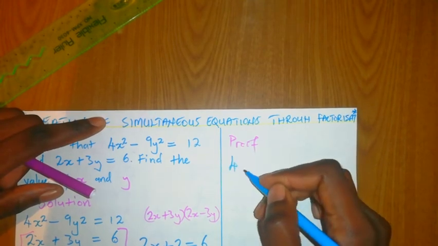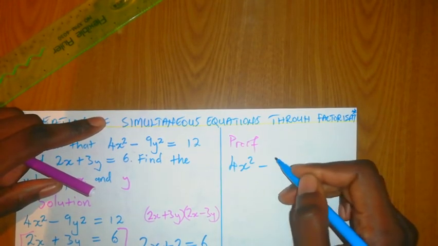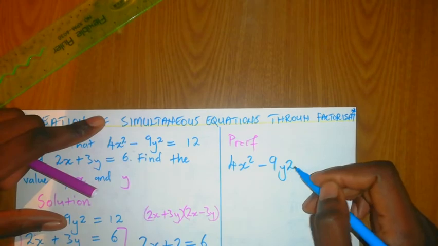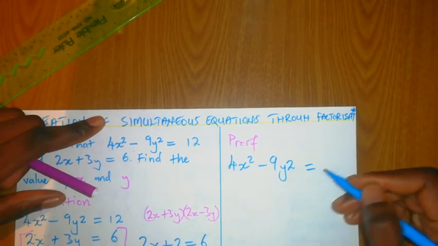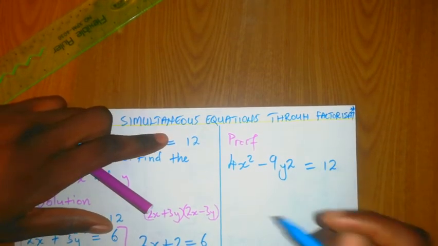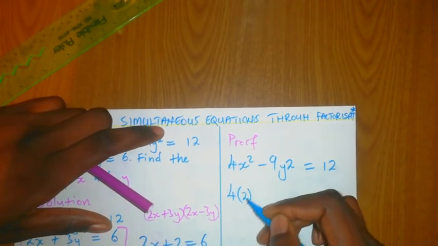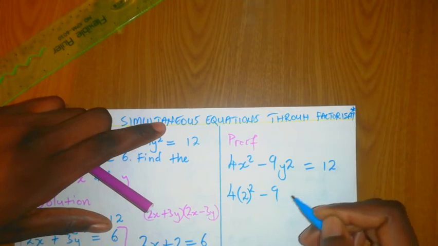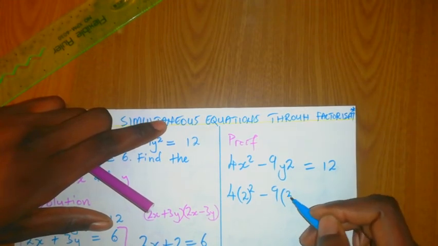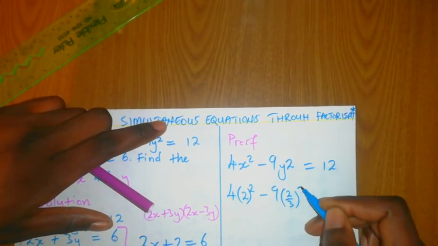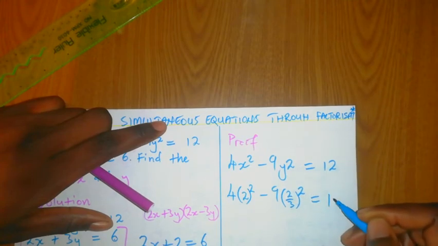It's now 4x squared minus 9y squared is equal to 12. So let's substitute 4 bracket 2 squared minus 9 bracket 2 over 3 squared is equal to 12.